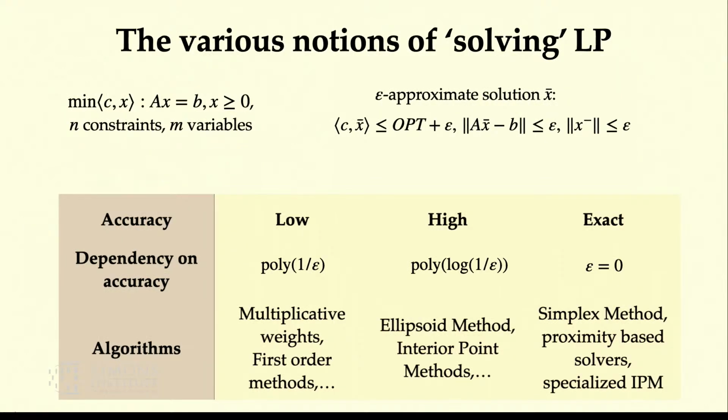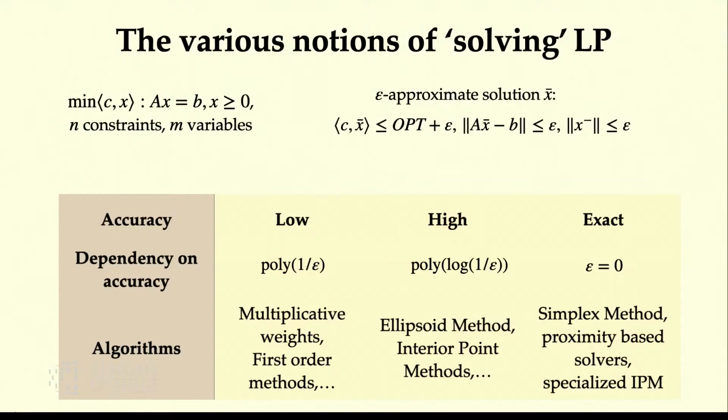So what happens for these different accuracy regimes that we saw in the graph that I showed in the beginning? So if you look at an error epsilon, so I want to find a solution to an LP that is almost optimal, it is almost feasible, then the low accuracy regime would mean I have an algorithm that does so in running time that depends polynomially on 1 over epsilon. Classical methods would be these here that achieve that.